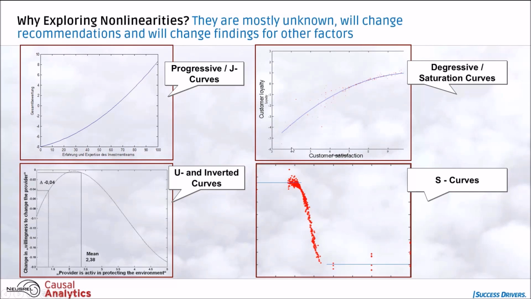So the impact which increasing satisfaction has is more than double as high when satisfaction is low compared to when satisfaction is high. So you see there's a strong difference between the impact depending on where you come from. That's why it's so useful and important to know that.